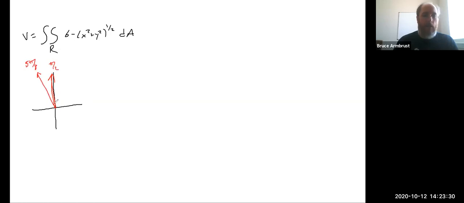This is 4/8, so that's 5/8. 6/8 would be 3 pi over 4, and so on. So there's 5 pi over 8. Those are the thetas over which we're going to be ranging. So when we turn this to polar, our thetas are going to go from pi over 2 to 5 pi over 8. We'll worry about the r's in a second.